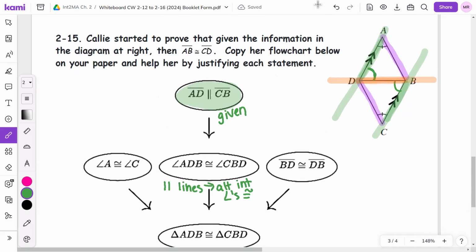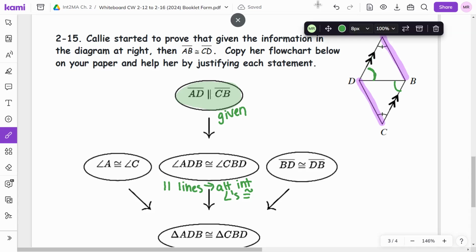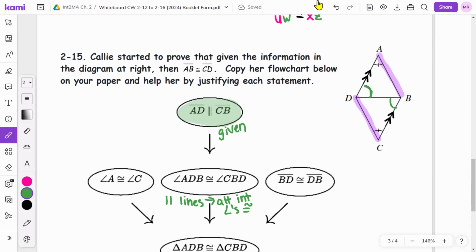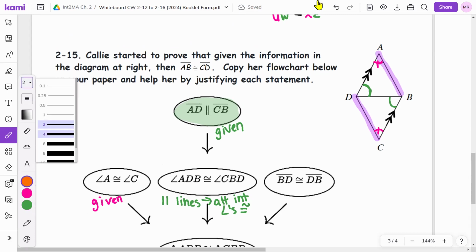Okay, so now they gave us another circle. They gave us that angle A is congruent to angle C. So angle A up here is congruent to angle C, and the reason is given. Now, there's something that they didn't give us, but we know it's going to be true.